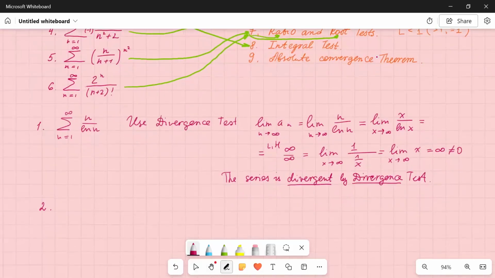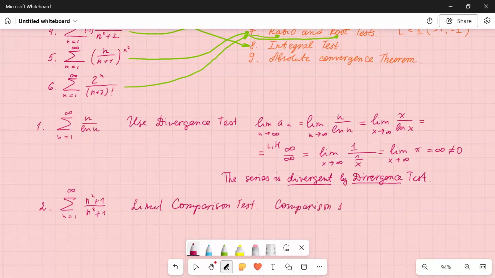Problem 2 is going to be the series of n square plus 1 over n cube plus 1, and n goes from 1 to infinity. And here I'm going to use a limit comparison test. So the comparison series is going to be what?